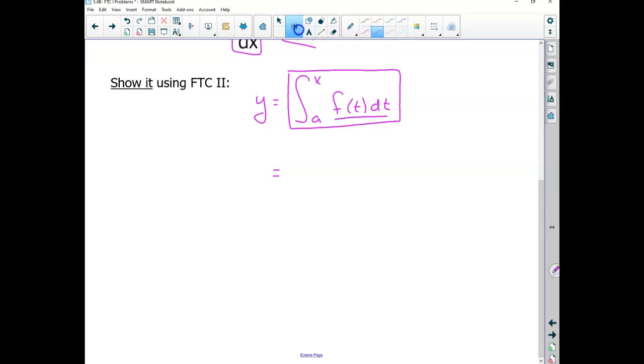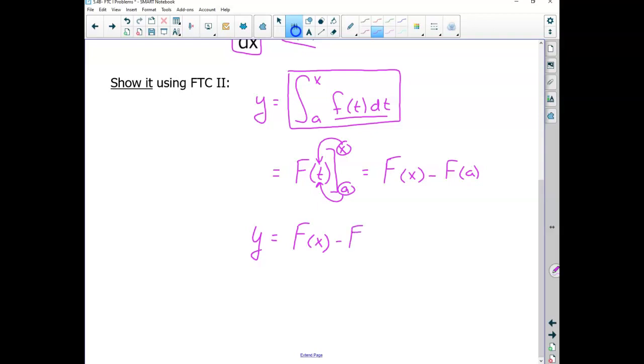The antiderivative of little f is, by definition, big F of t, evaluated from a to x. That gives me big F at x, minus big F at a, because we plug it in and subtract those two values. So y equals big F of x minus big F of a.